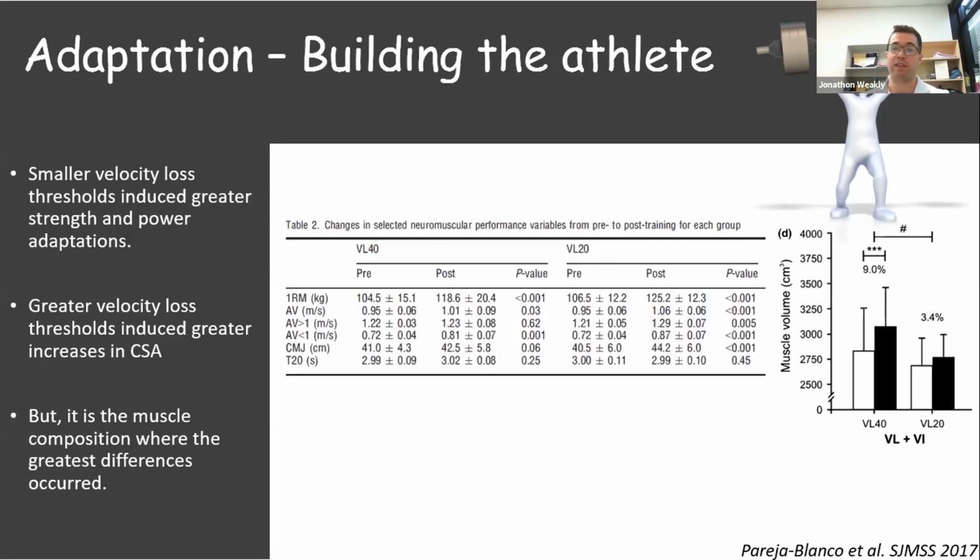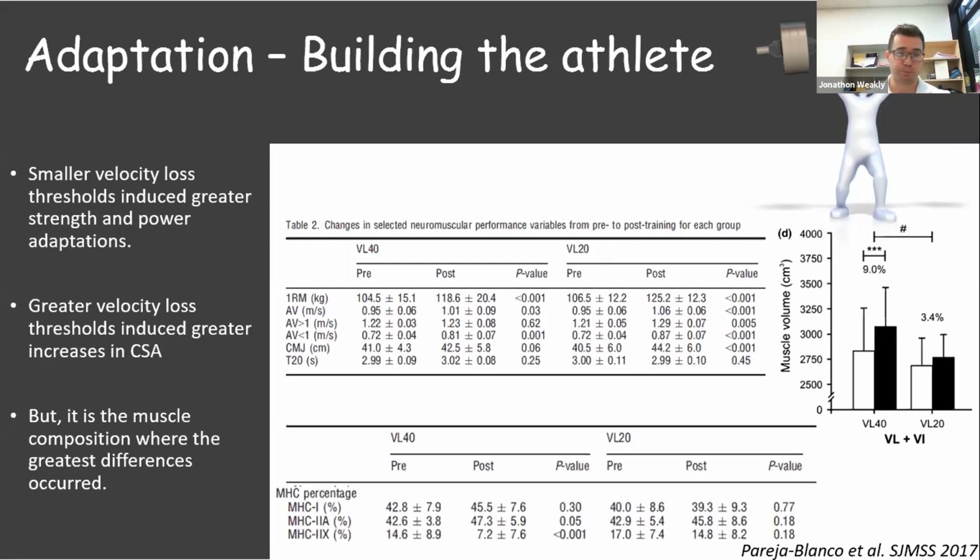And we can see here that the group who did more volume, the 40% group compared to the 20% group, had almost 3 times the amount of growth in the quadricep. And probably one of the most impressive things about this study is that the 40% group and the 20% group had very different changes at the cellular level.